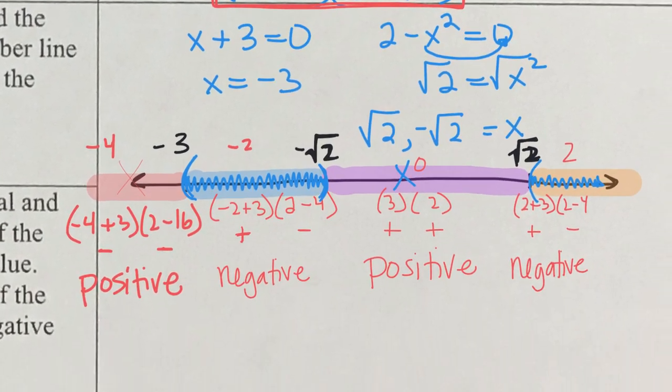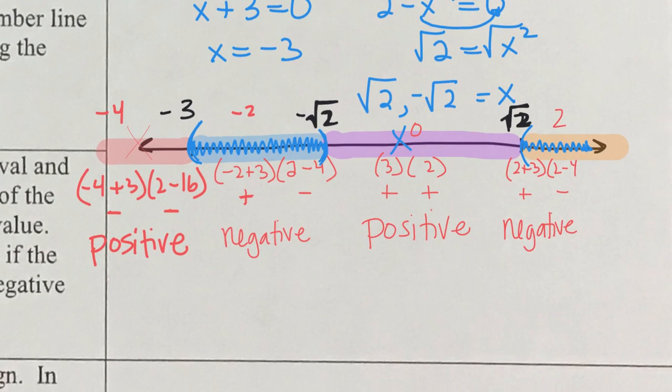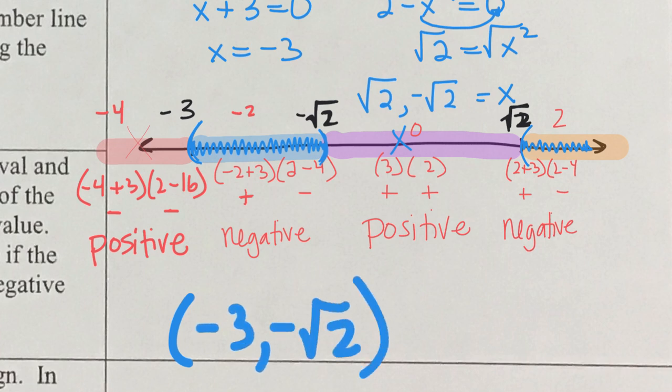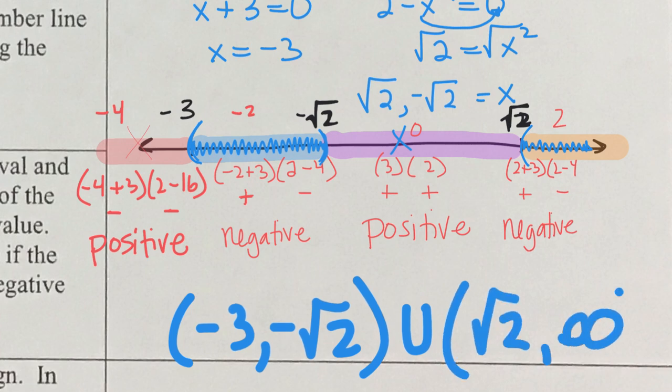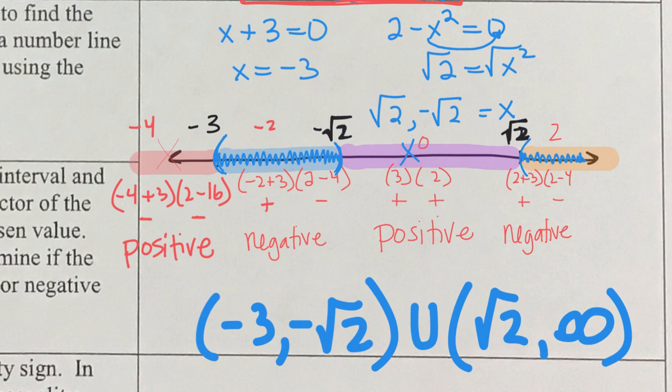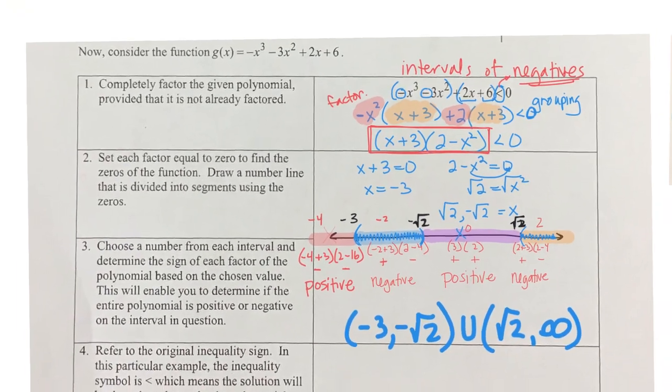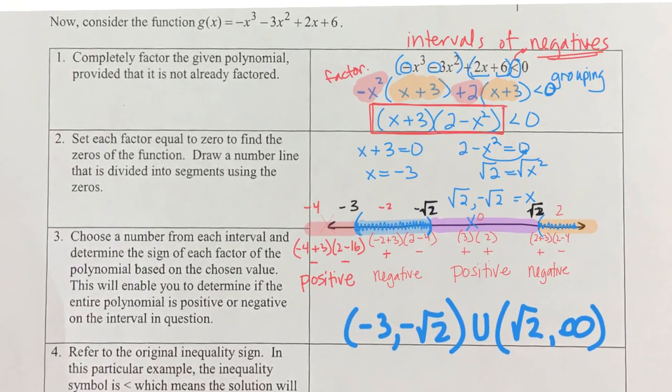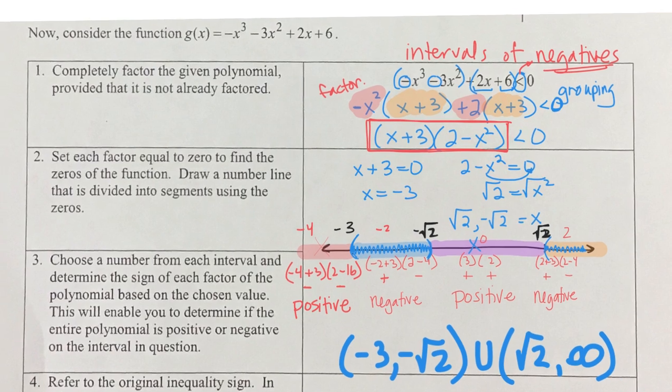Okay, so our answer, written as an interval, is from negative infinity to negative 3, or rather -3 to negative root 2, and then combined with positive root 2 to infinity. That is the interval where our equation will be negative, where the y values will be negative.